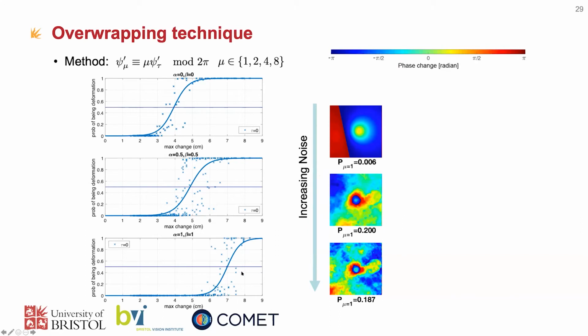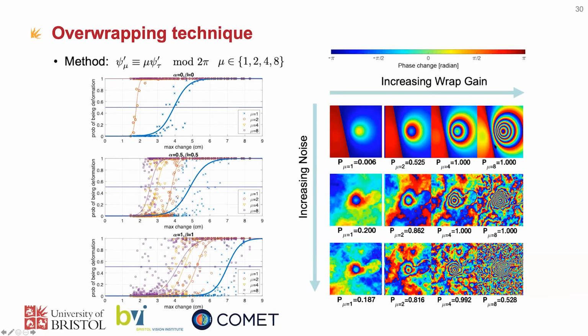So what we're doing here is to apply gain and then rewrap it again, so we can see more fringes in the interferograms. You can see that now, after the rewrapping, with a gain of 2, 4, and 8, the threshold that we are able to detect is moving to a smaller value.